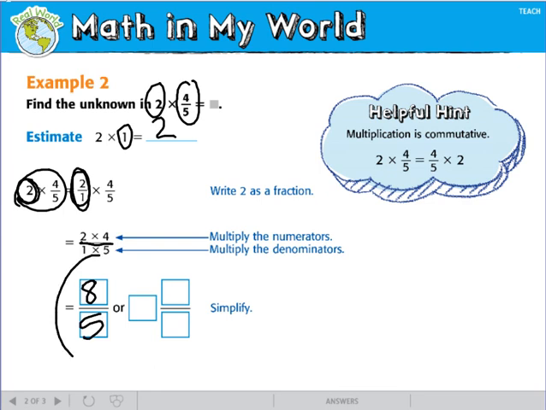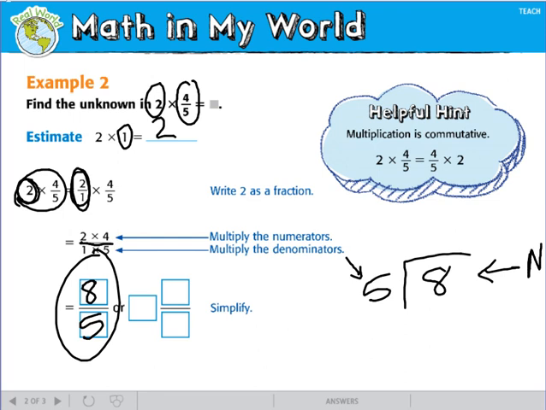Remember we said that this is a division problem, right? So we have 8 divided by 5. Our numerator is inside, our denominator is outside. How many times does 5 go into 8? 1. 5.